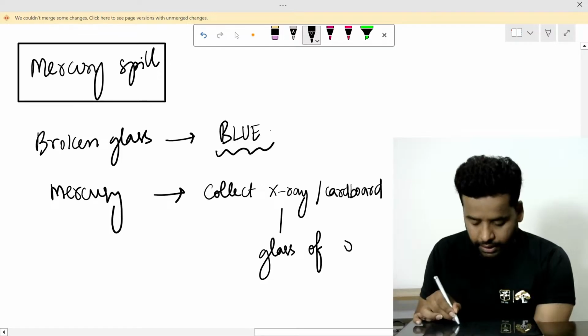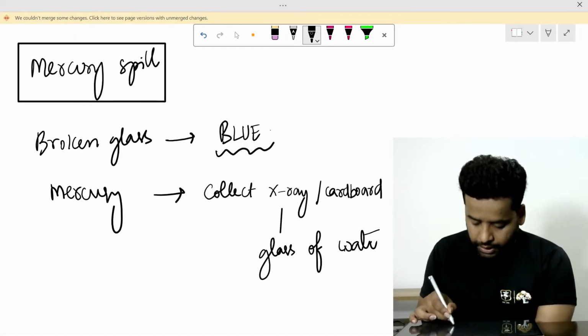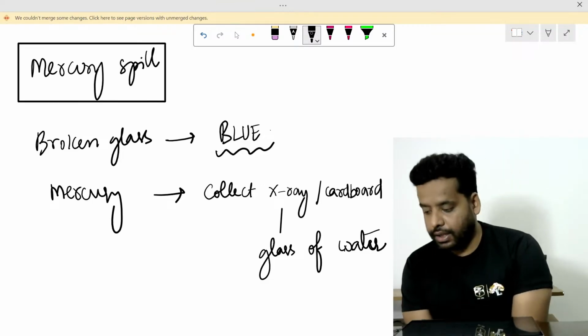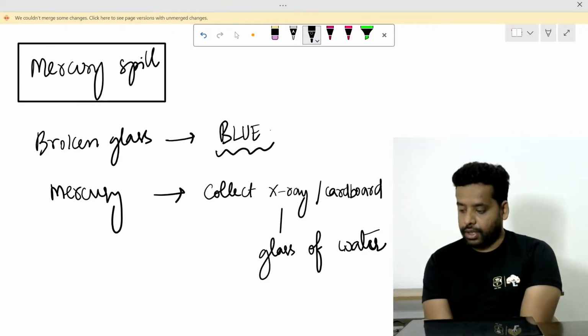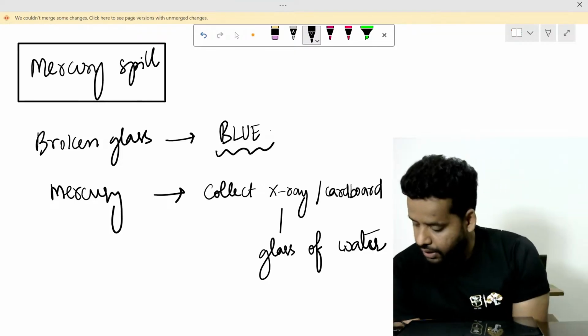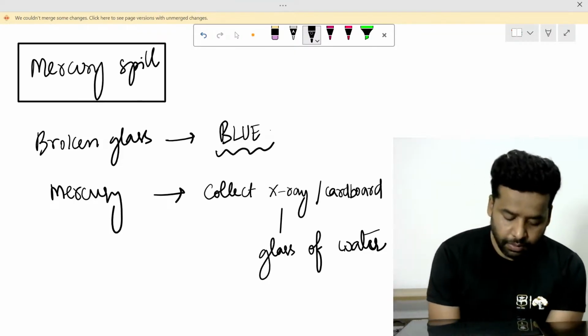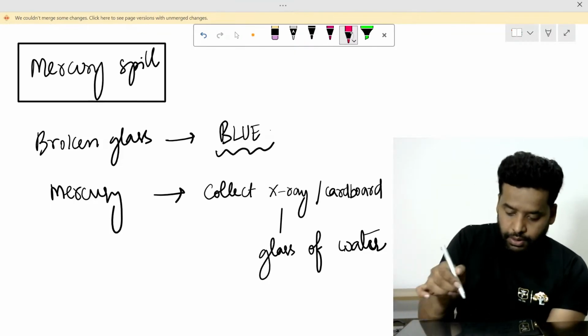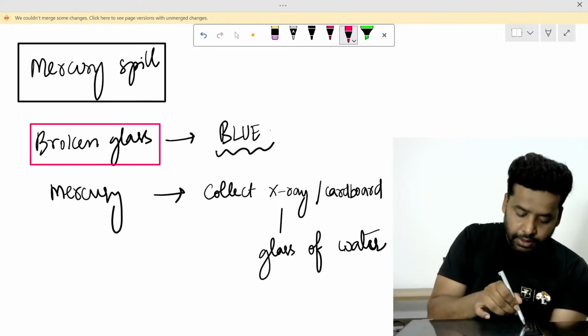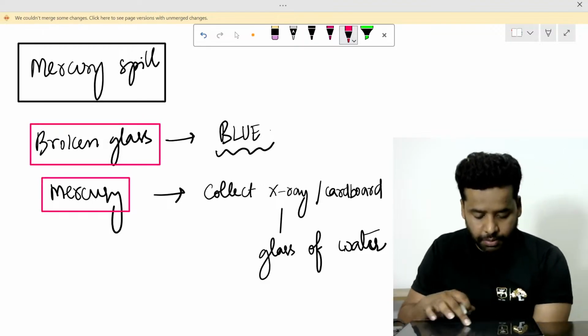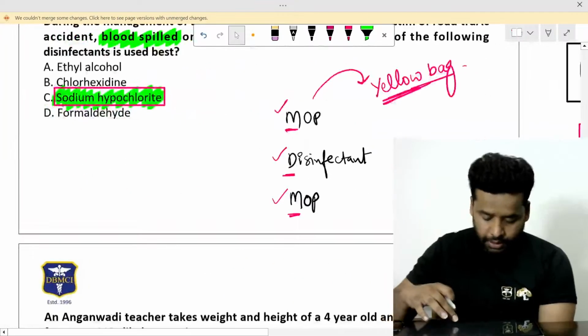Later they will recycle it. This is how you manage a blood spill or mercury spill at the bedside.